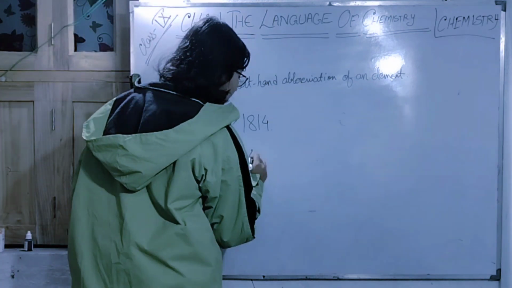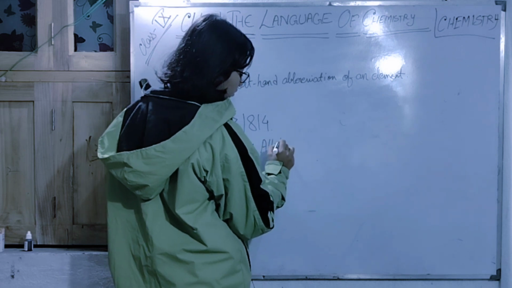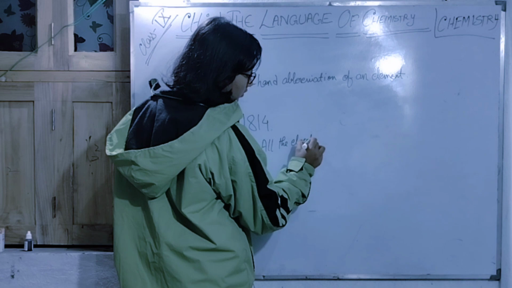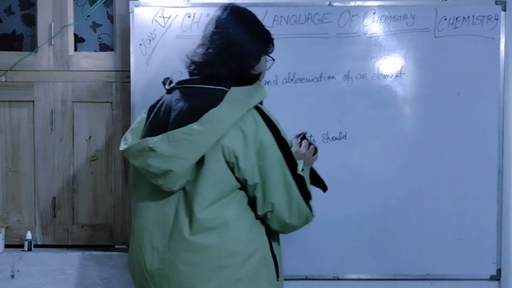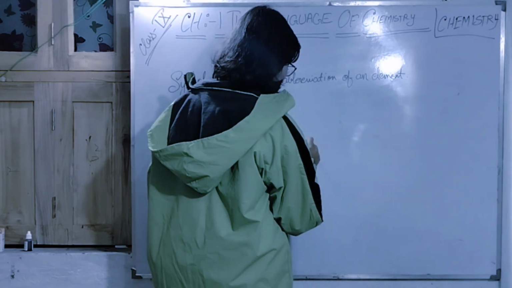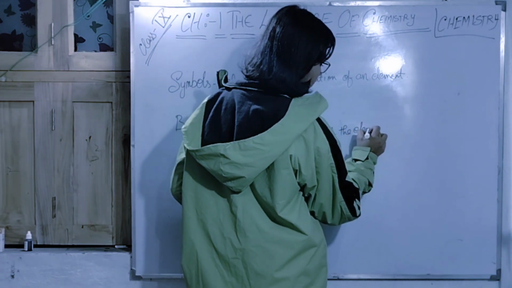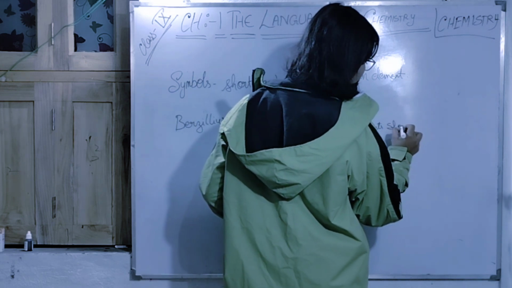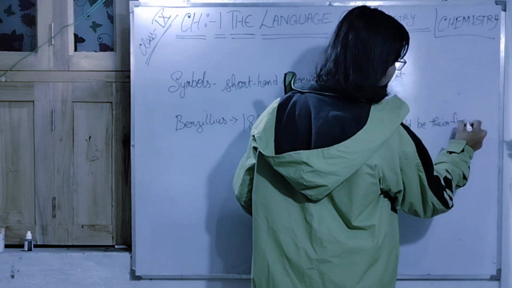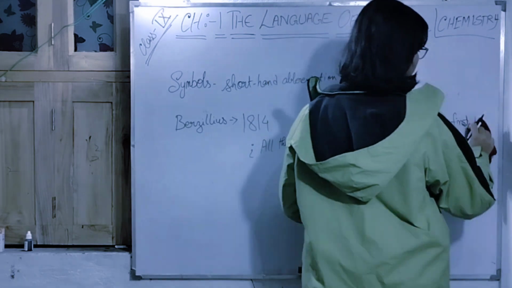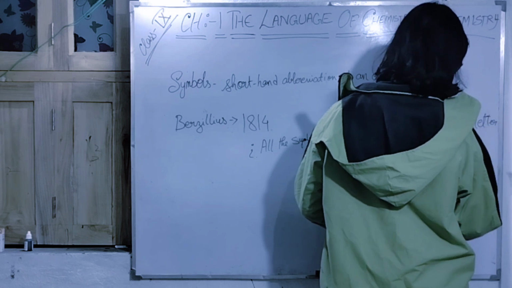We constitute it like this: the symbols of the elements should be their first letter initial.